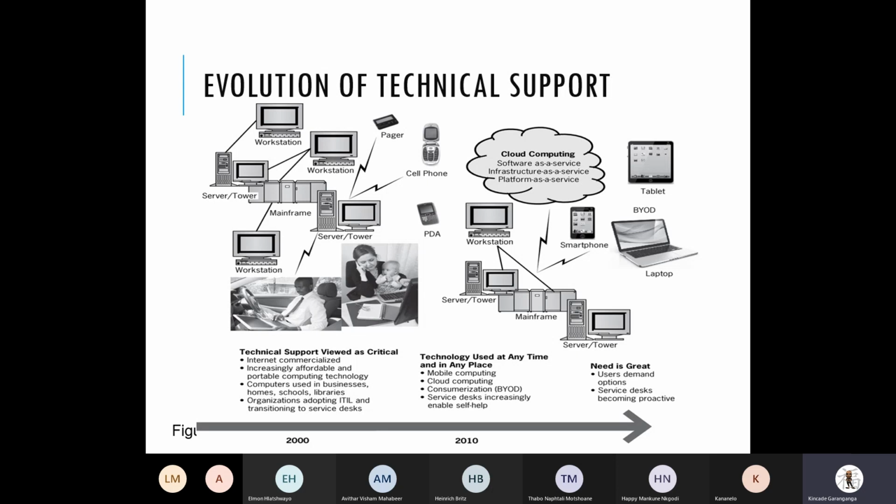So that's a typical example of that evolution we're talking about in terms of the technical support environment. And then obviously looking at a massive need where users now have different options or demands, right? As far as your setups are concerned.